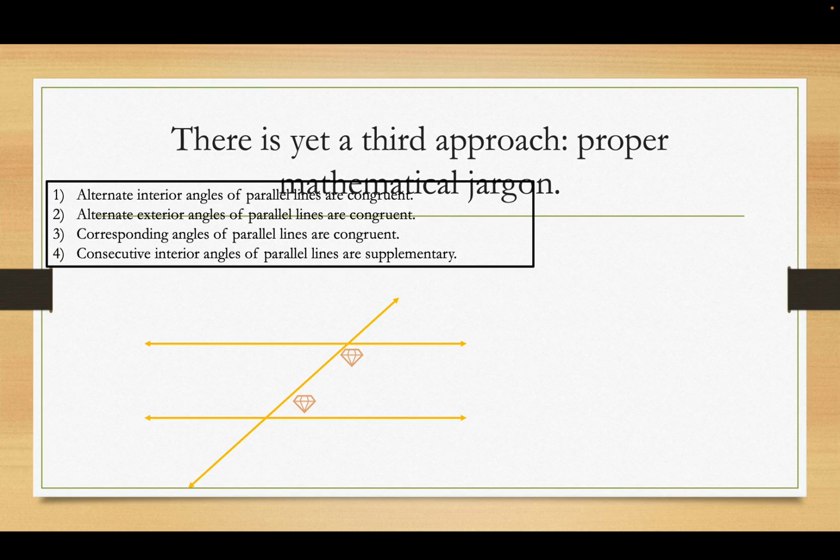What about these two? That's what we mean when we are talking about option 4 here. They are consecutive because they're in a row, and they are interior angles because they're inside the parallel lines. So those two diamonds are consecutive interior angles. We know that they're supplementary and add up to 180.